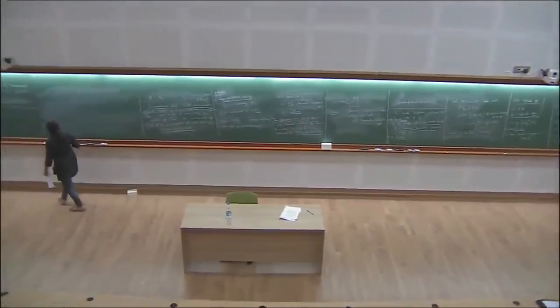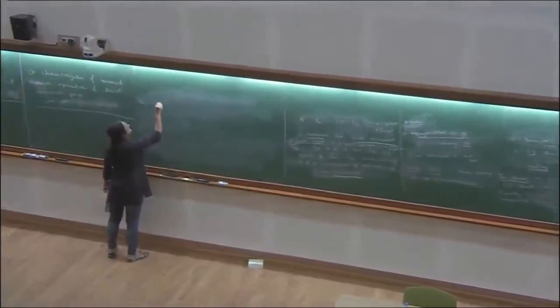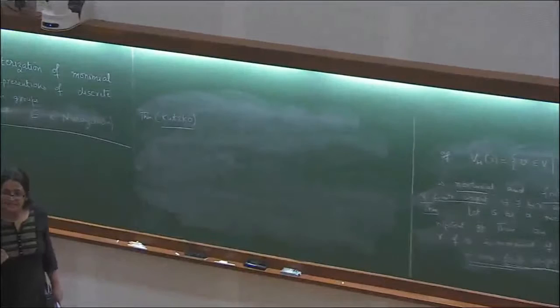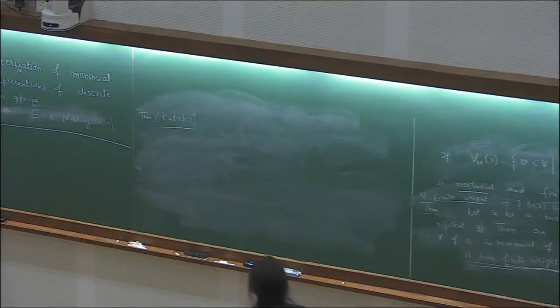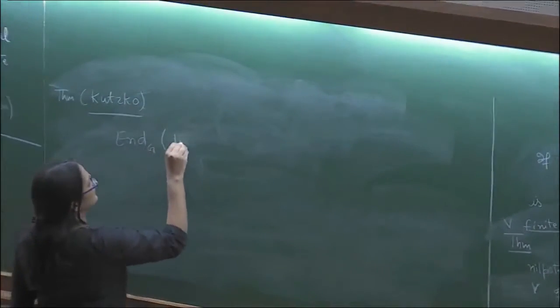So for that, there is a theorem that we found by Putzko, where he was looking at, for some reason, non-unitary representations. It's a very short paper, and there he proves this result.